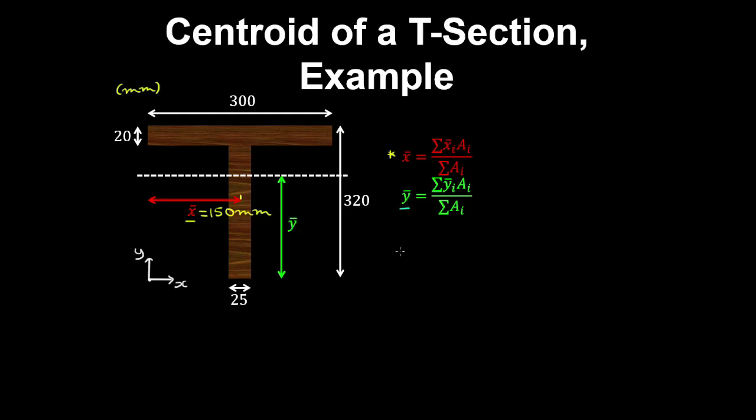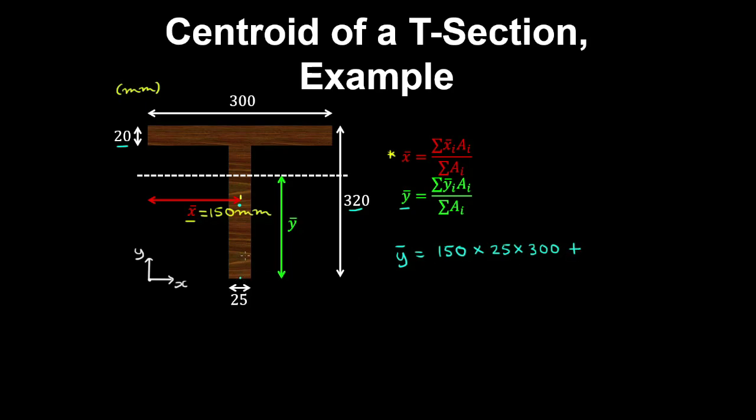And now let's use this equation to calculate the y component of the centroid. So what we have is the centroid of the web, and the web has a height of 320 minus 20. So the centroid is directly in the middle of this rectangular section, and then we multiply this by the area of the web. So that'll be 25 millimeters by 300. And plus the centroid of the flange.